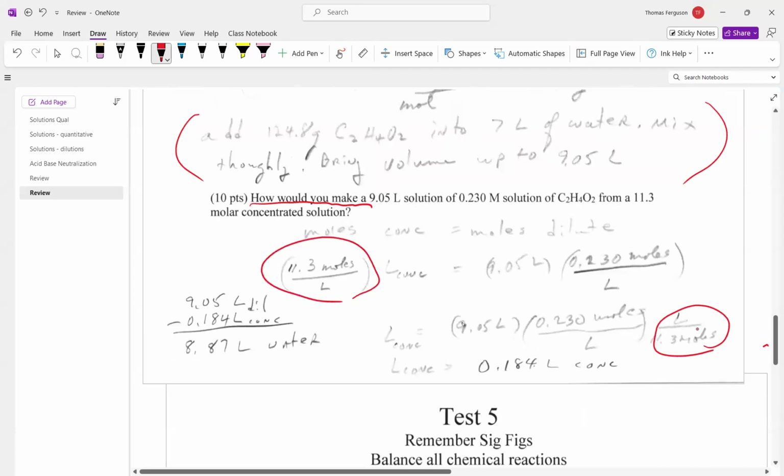That isolates the concentrated liters and ends up being 0.184 liters of concentrated. Now we have to add water to bring it up to 9.05. So we subtract the concentrated volume from the dilute volume that we want to create. That leaves us 8.87 liters of water.